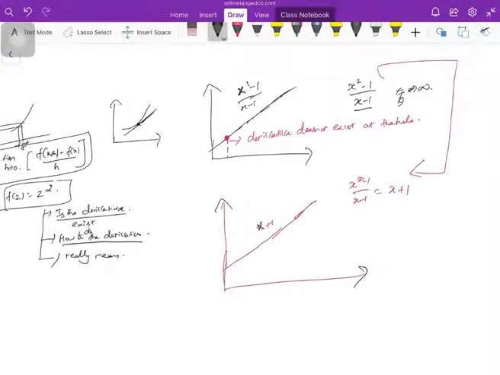But here a hole is happening in this function, while x + 1 is a continuous function, differentiable at all points.